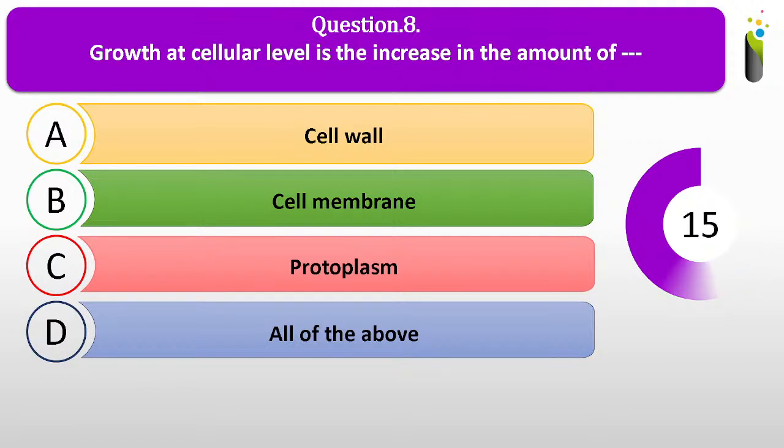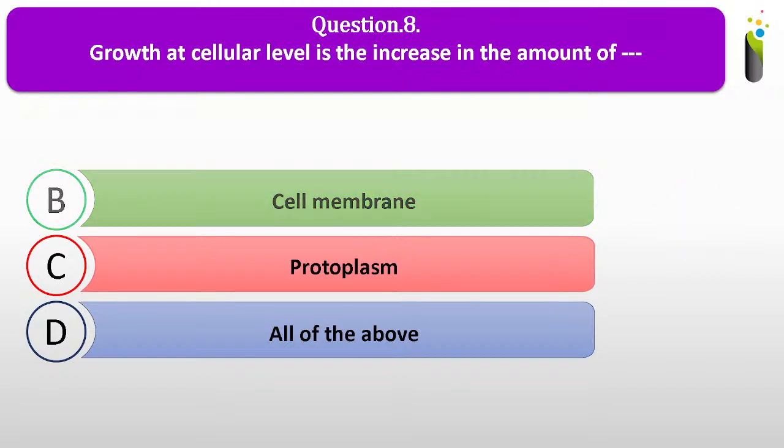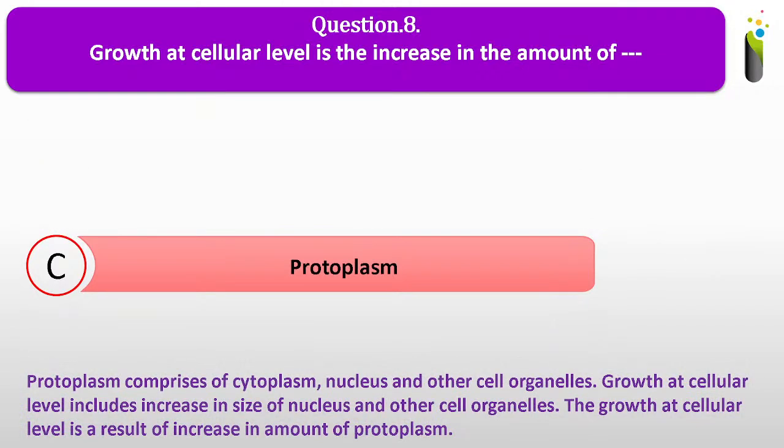We know unless there is growth at the cellular level, you can't expect growth at the level of an entire body of the organism. And the correct answer is protoplasm. So the correct answer is C.